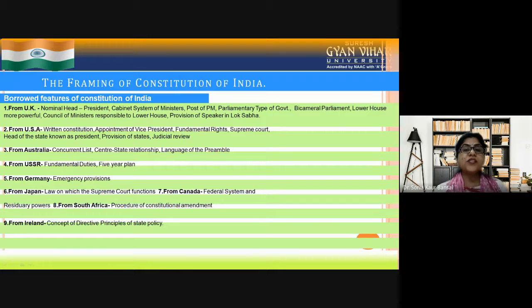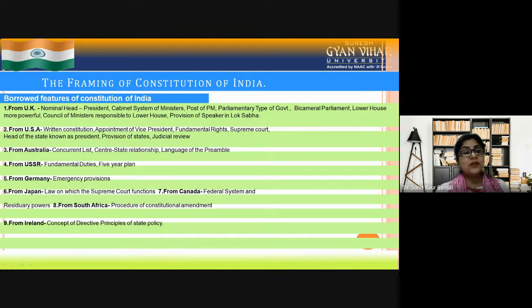The other 6 members of the committee were Munshi Muhammad Sadullah, Alladi Krishnaswami Iyer, Gopalaswami Iyengar, Khaitan and Mitter. They were brilliant persons.